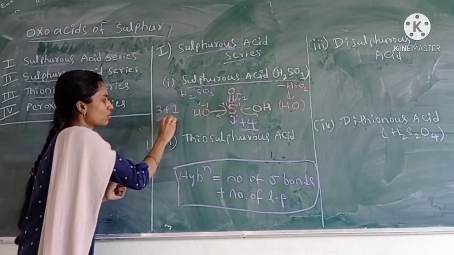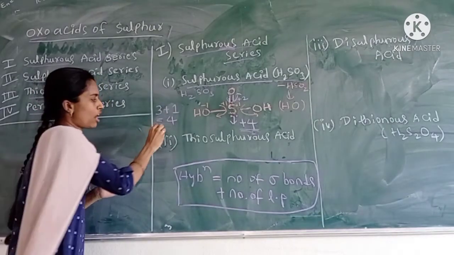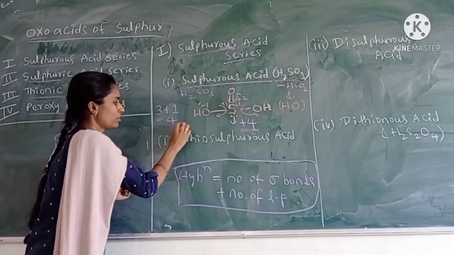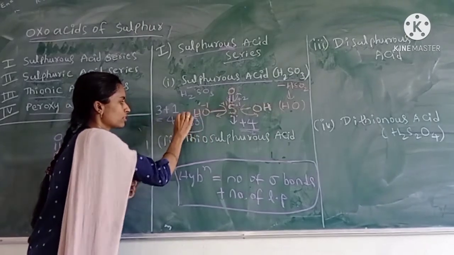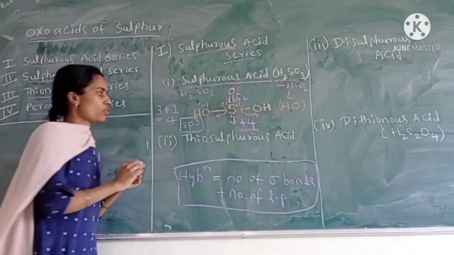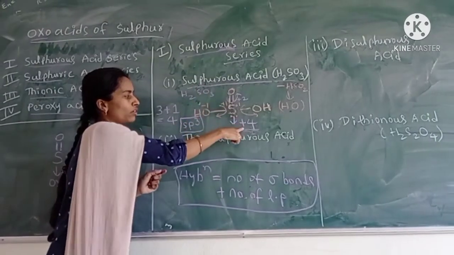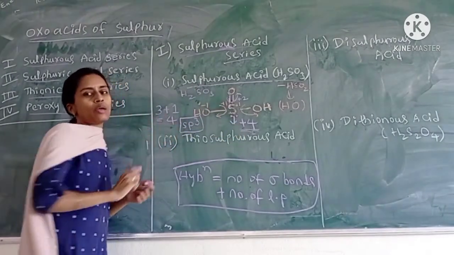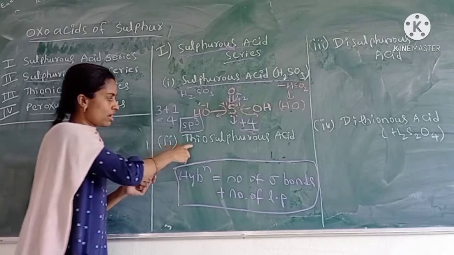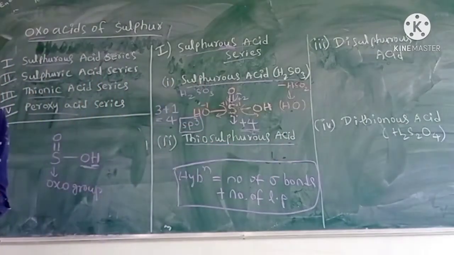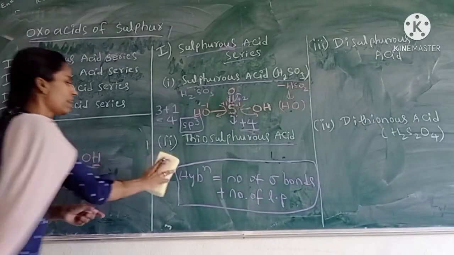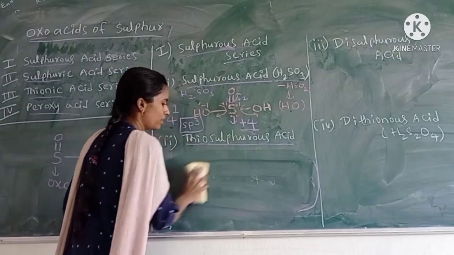So the total is 4. What is the hybridization? 4 means sp3 hybridization. In this way you have to write the structure and calculate the oxidation state and hybridization. The first one is sulfurous acid and the next one is thiosulfurous acid.